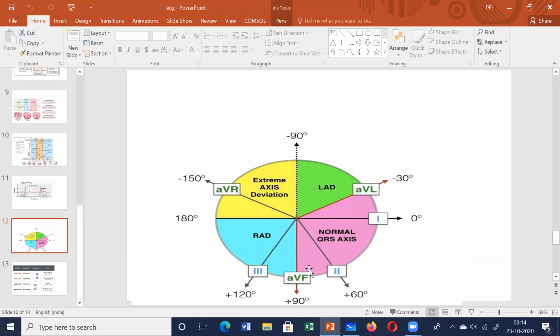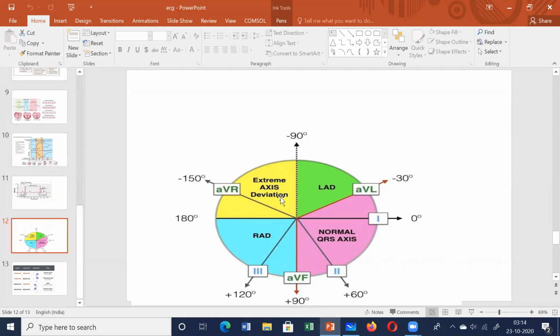And there is left axis deviation. You can see this green color: left axis deviation is when the axis lies between -30 and -90. If you can see this light blue color, right axis deviation, it indicates an axis between +90 and +180.